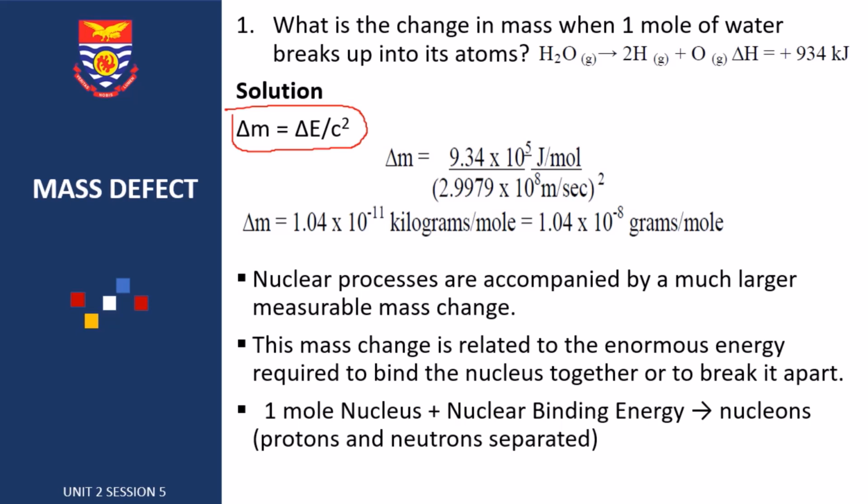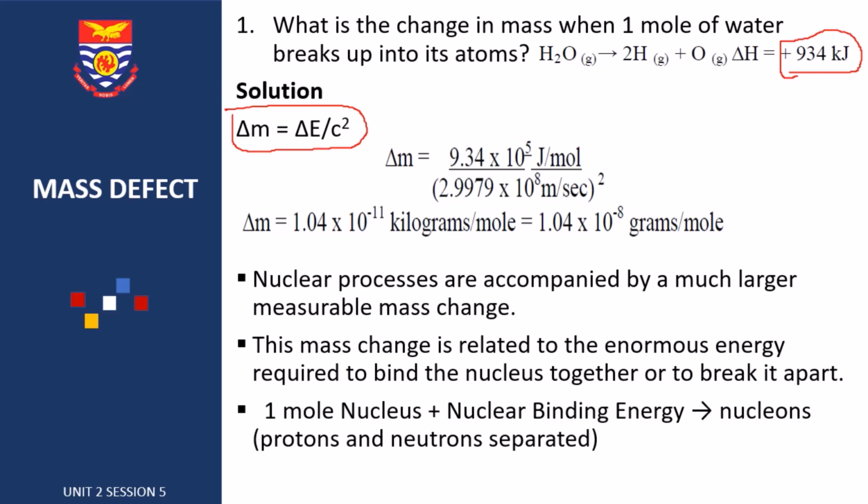The energy has been given in kilojoules, so we will convert it to joules by multiplying it by 10 to the power 3.